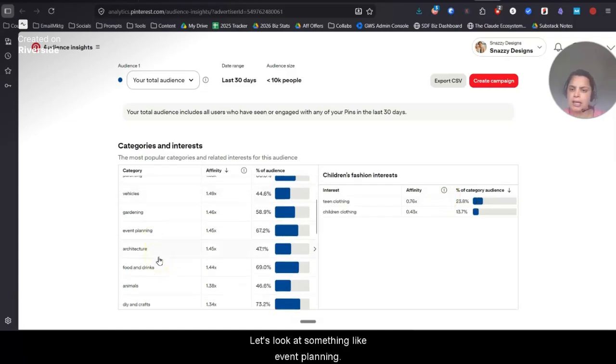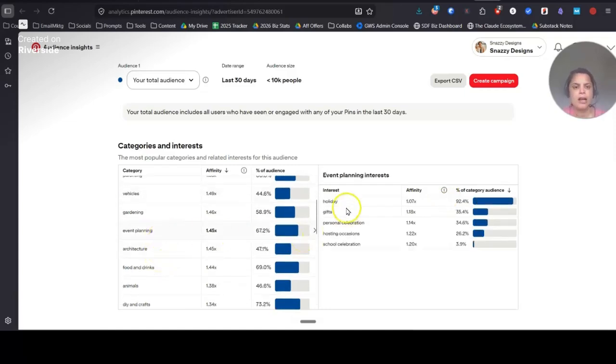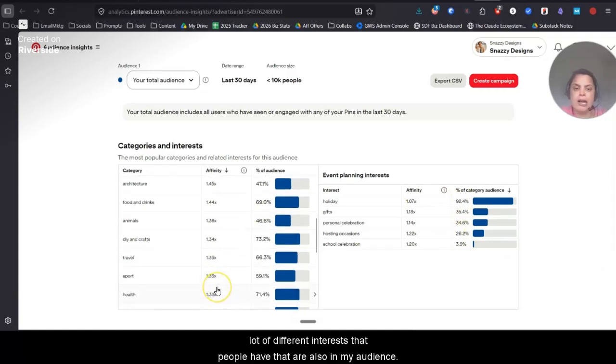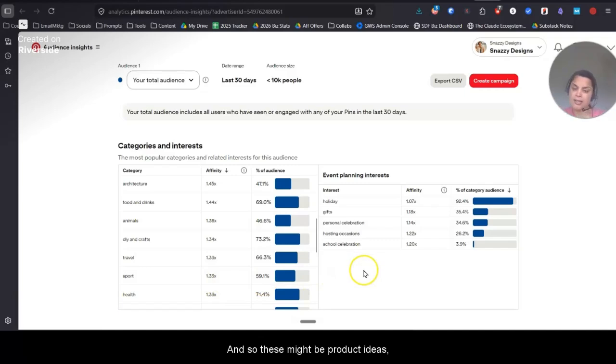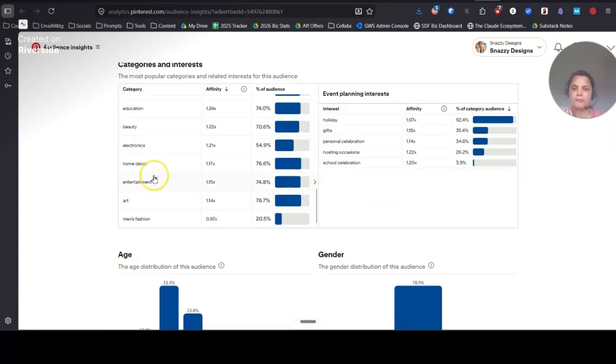Let's look at something like event planning. There's holiday gifts, personal celebration, hosting occasions, school celebrations. So again, a lot of different interests that people have that are also in my audience. And so these might be product ideas, these might be topic ideas that I could cover in my content, right?